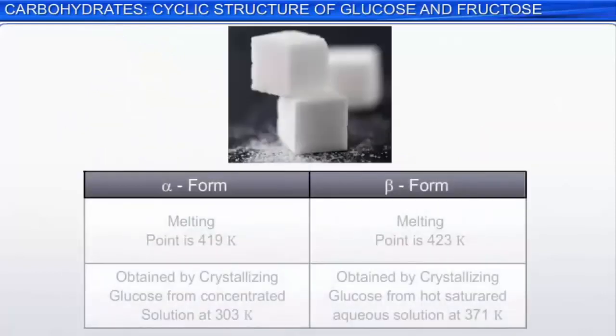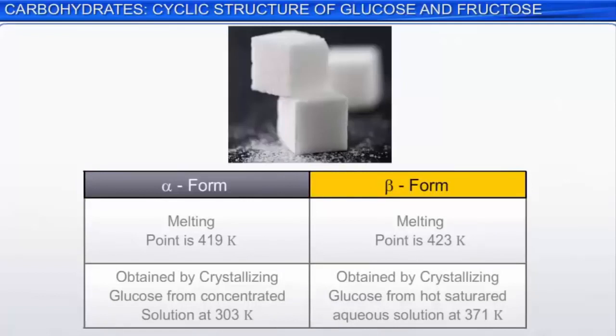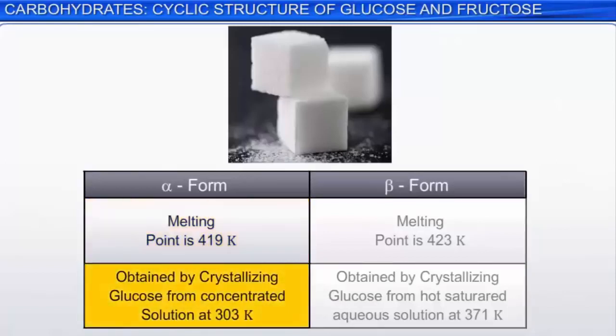Another observation is that glucose is found to exist in two isomeric forms, alpha and beta. The alpha form has a melting point of 419 Kelvin. It is obtained by crystallizing glucose from a concentrated solution at 303 Kelvin.